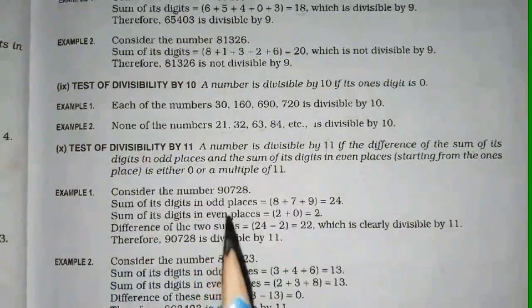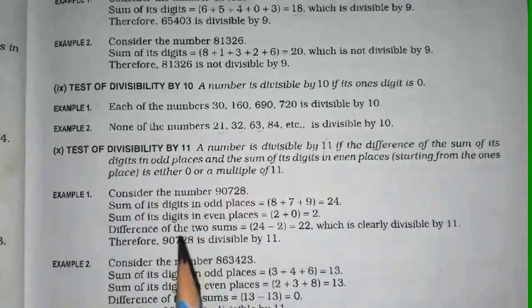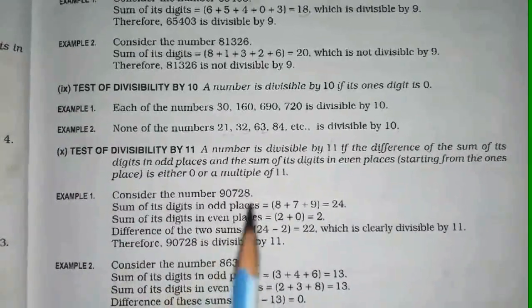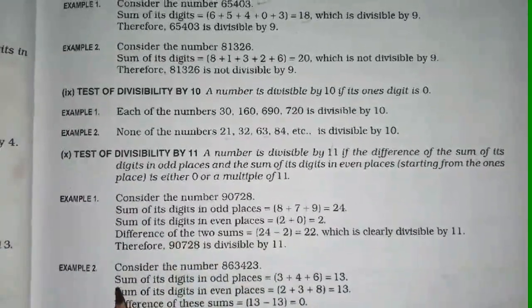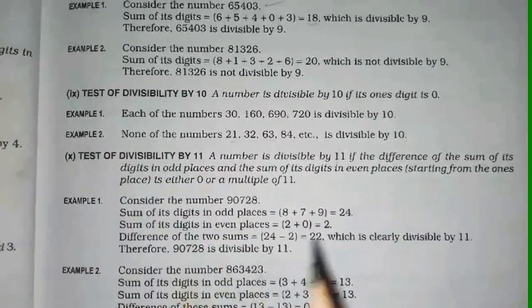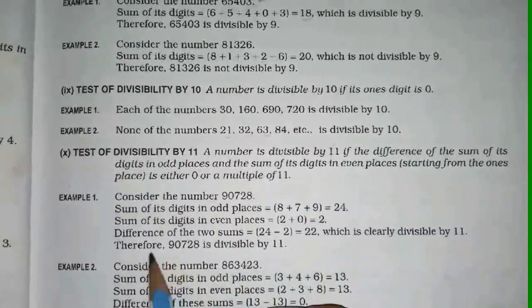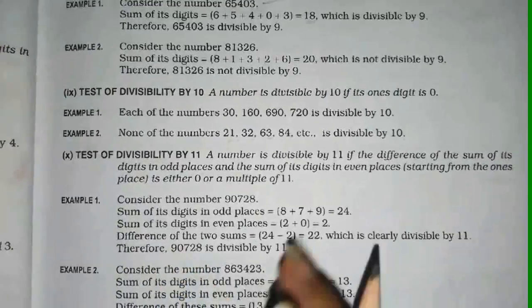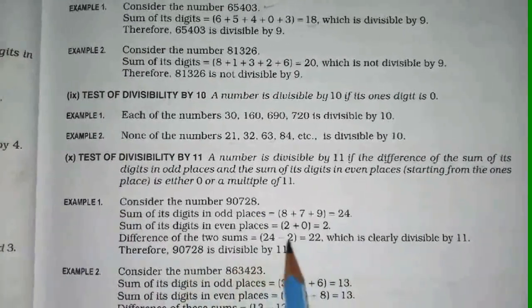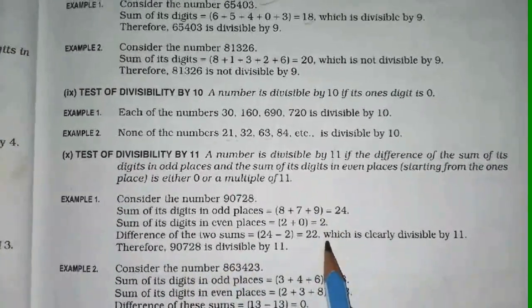First, we have to find the sum of digits in odd places, then the sum of digits in even places, and then we have to find the difference of the two sums.